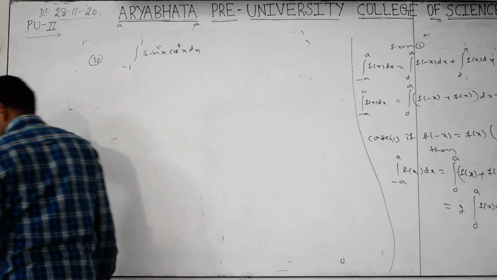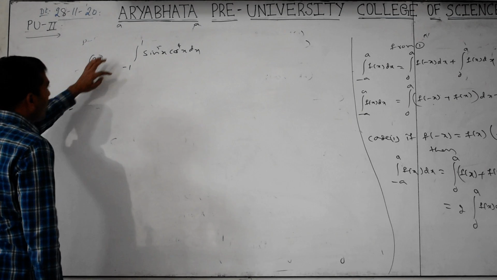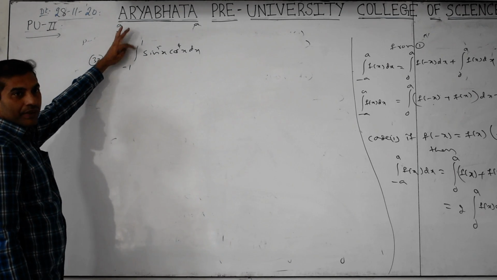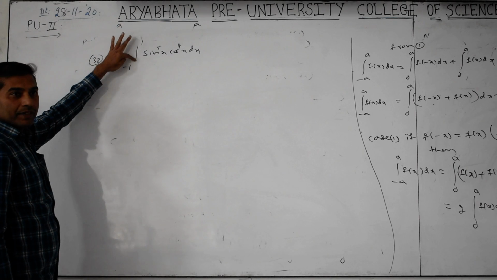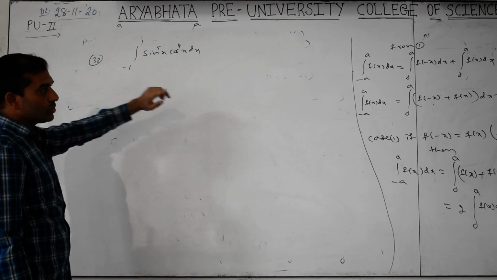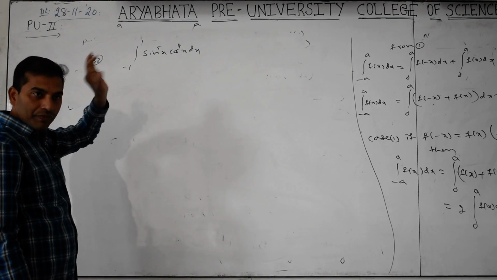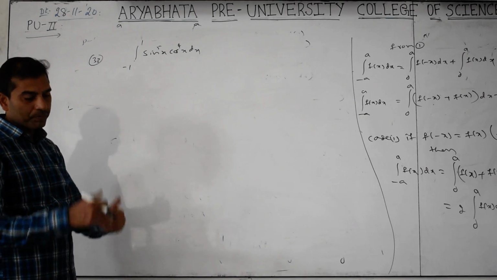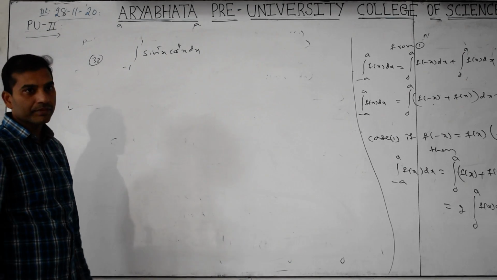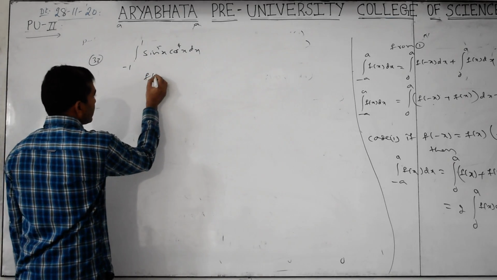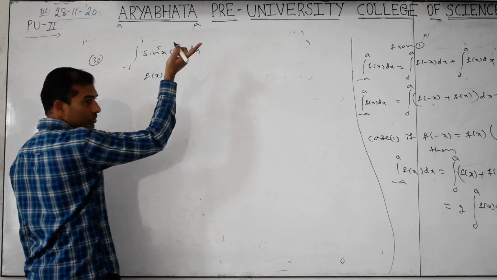This contains that formula. How can we check? Minus a to a. If there are limits with the same value and opposite sign, in such a case use that property. That is the first step. If the property does not exist, then go for another method. If f of x is neither even nor odd, in such a case we should use another method.